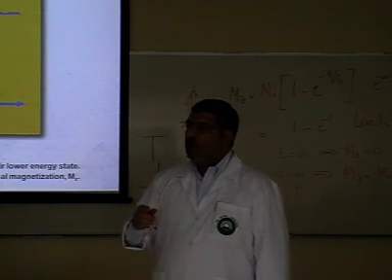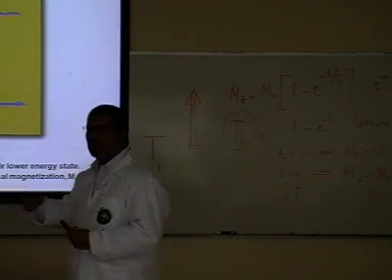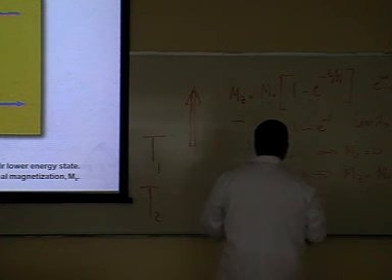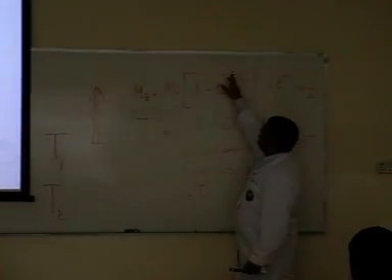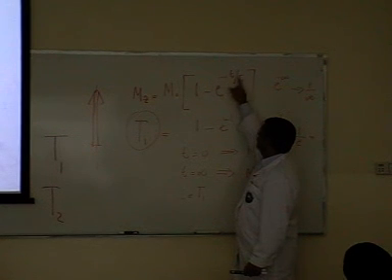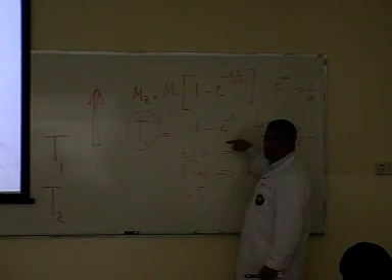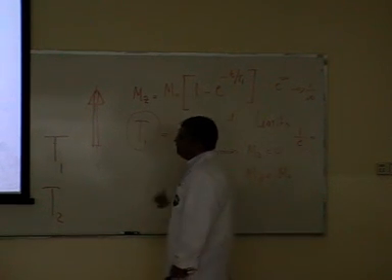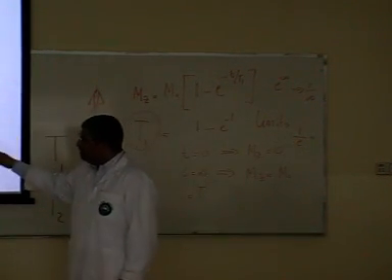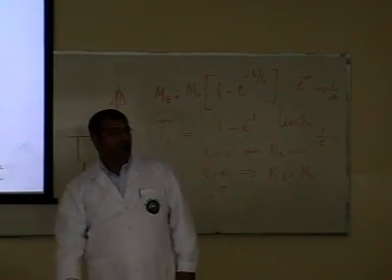Because it's 1 over e. When t is equal to T1, T1 over T1 is e to the minus 1. e to the minus 1 is simply 1 over e. I just wanted to simplify it for you to calculate it in your calculator. When you calculated that, it turned out to be 0.37, and when we subtracted from 1, we get 0.63 M0.